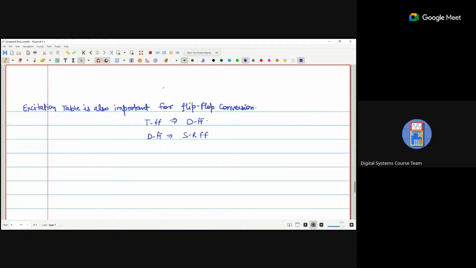Okay, any other doubts about this part? Any other doubts? So we can take one particular waveform-based example.